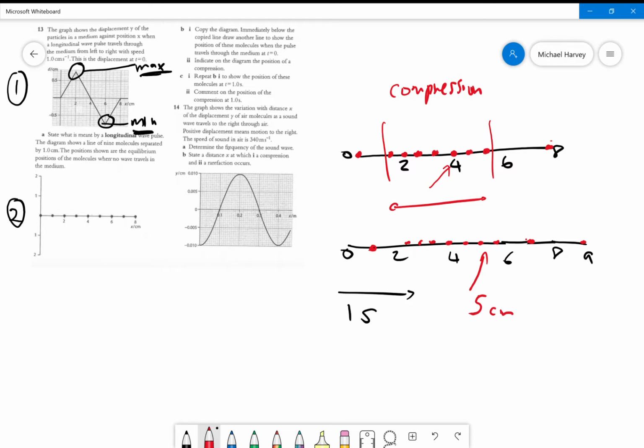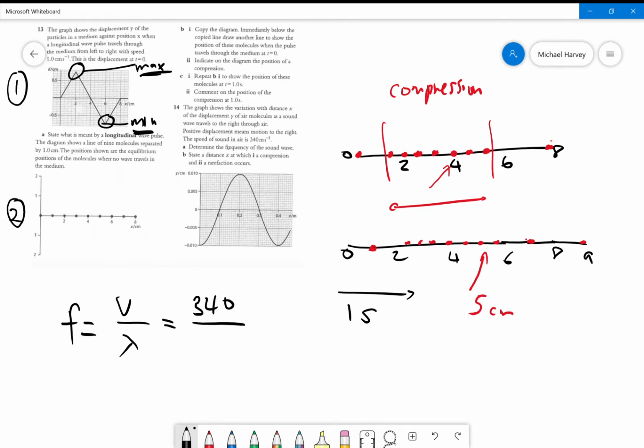Now the graph also shows the variation of distance with displacement of air molecules as sound waves travel through the air. Positive displacement means the motion is to the right, and the speed of sound in air is 340 meters per second. So determining the frequency of the sound wave, frequency will equal velocity over wavelength. In our question, we've been given the velocity of sound in air as 340.